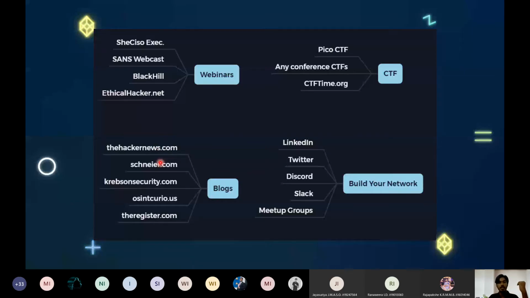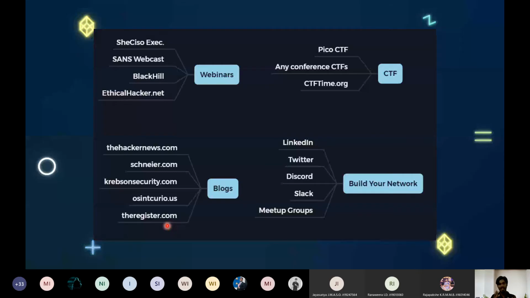Then there's schneier.com, a famous cryptographer. Then there's Krebs on Security. If you're into OSINT, open source intelligence, if you're into that sector of cybersecurity, go and read about what OSINT is here, and I think you'll be interested in OSINT also. Then there's theregister.com. They share news on cybersecurity basically, but there are a lot of individual people who are sharing their content on blogs also.